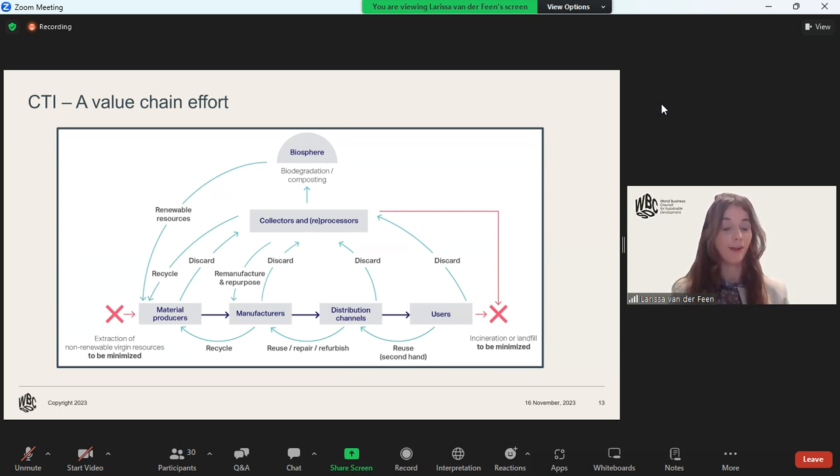There are a lot of strategies to do it. You are for sure familiar with them: recycle, reuse, repair, refurbish, but also biodegradation is a way to recover those materials and to contribute to closing the loop for the circular economy. So that's what the Circular Transition Indicators framework also really tries to capture.